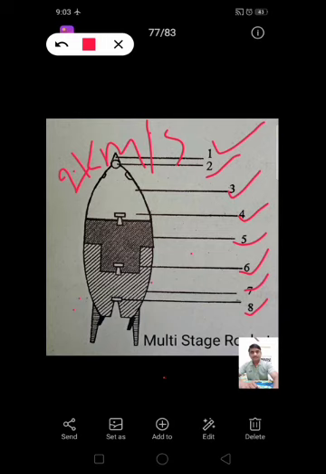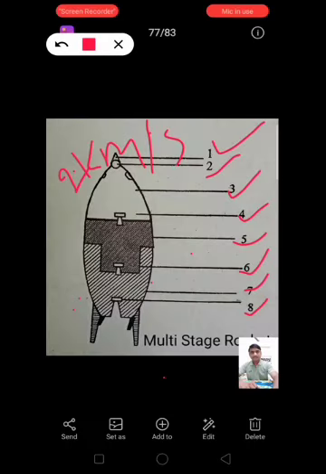Initially it starts from rest, so its initial velocity v naught is 0. By making adjustments in the area of cross section of the nozzle, the pressure and the ratio of masses, we get u equal to 2 km per second.